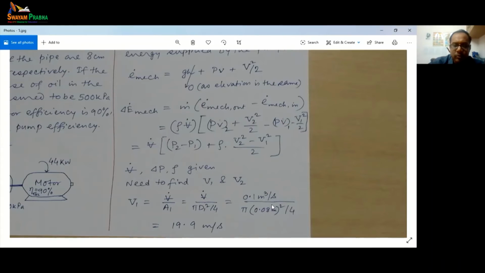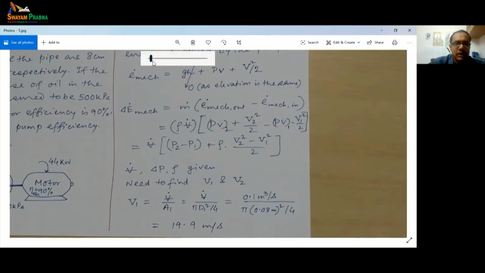And we know the volume flow rate, 0.1 meter cube per second, and this pi. Now this centimeter we have converted into meter. 8 centimeter is equivalent to 0.08 meter, and that's squared. And if you calculate this, we will find the velocity at the inlet will be 19.9 meter per second.